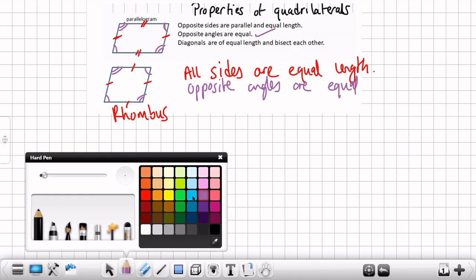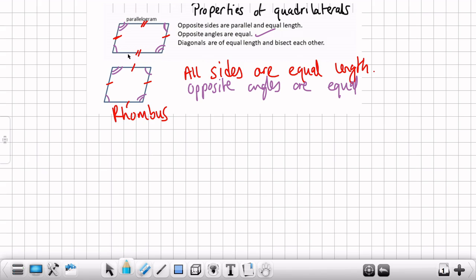Another thing you can say is about the diagonals. With this one, with the parallelogram we looked at earlier on in a previous video, right, the diagonals bisect each other, cut each other in half. Well, the same thing happens with a rhombus. Okay, the diagonals cut each other in half, i.e. they go through the middle of each side, each diagonal. They bisect one another, but the only difference between this and the parallelogram one is that this is a special case where they cross each other at 90 degrees at right angles.